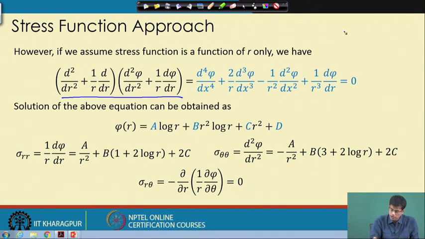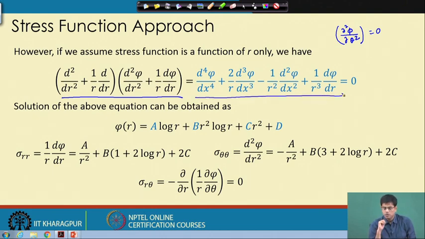If you put that in the previous biharmonic equation, this becomes this equation, and if I just multiply or expand this thing, this is my final differential equation. Now, see this differential equation, this is an ordinary differential equation, not a partial differential equation, and it is solvable actually.